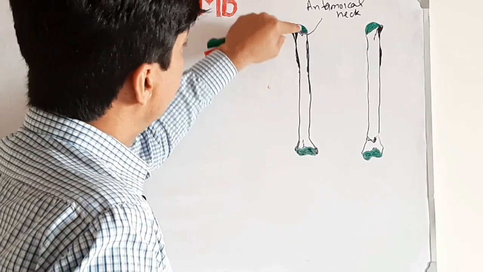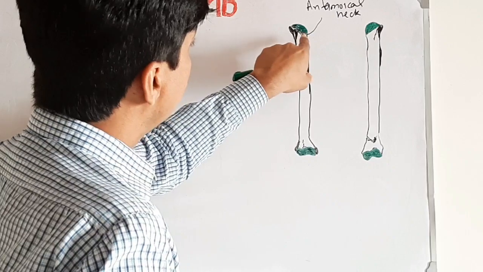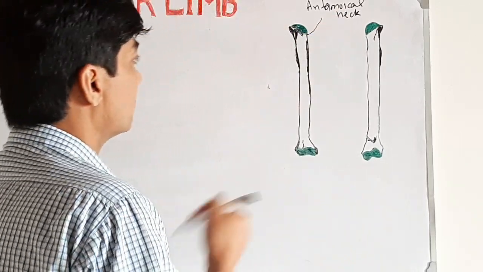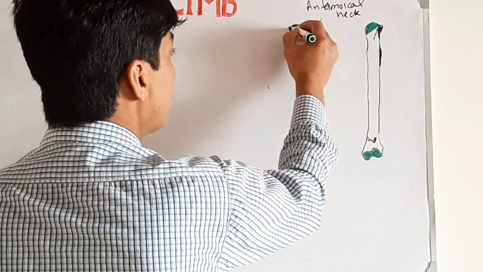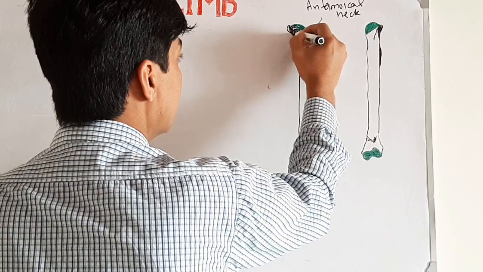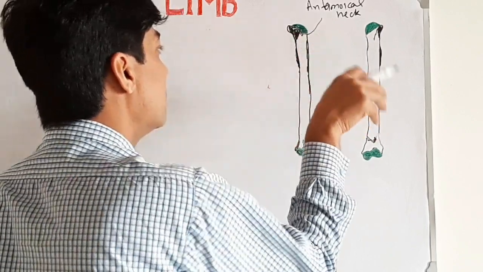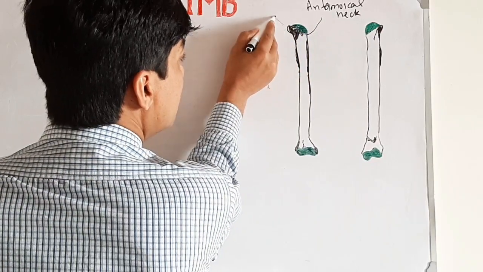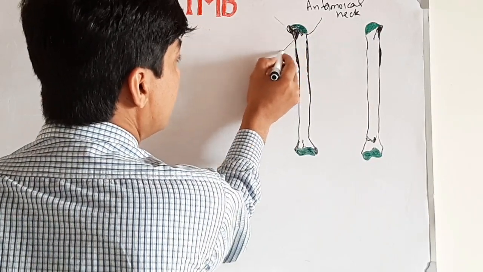Just below or lateral to the anatomical neck, there is a rough projection or bony prominence that is called a tubercle, a small rounded projection. One is superior and the other is inferior.